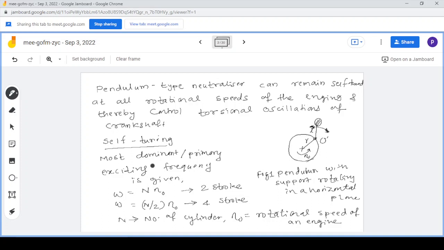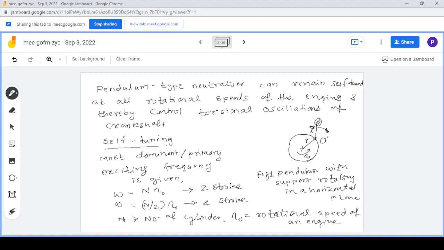In this self-tuning, the most dominant or primary excitation frequency is given by omega equals N n0, and omega equals N by 2 n0 for 4 stroke, where N, capital N, is the number of cylinders, and n0 is the rotational speed of the engine. So we consider the pendulum with a support rotating in a horizontal plane. This is a pendulum with a support rotating in a horizontal plane, and this torsional pendulum is attached here, O dash to A. Okay.